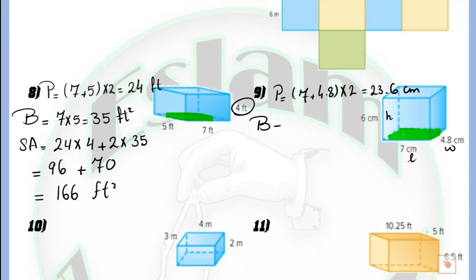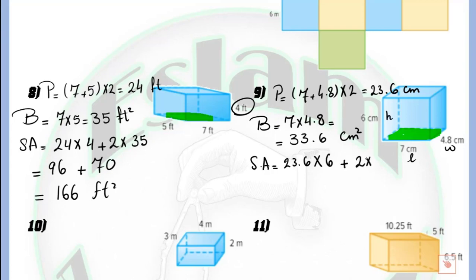Now we need to find the area of the base. The area of the base is equal to length multiplied by width. By multiplying the two numbers, you will find that the answer is 33.6 square centimeters. To find the surface area, it will be equal to the perimeter of the base multiplied by the height plus 2 times the area of the base.